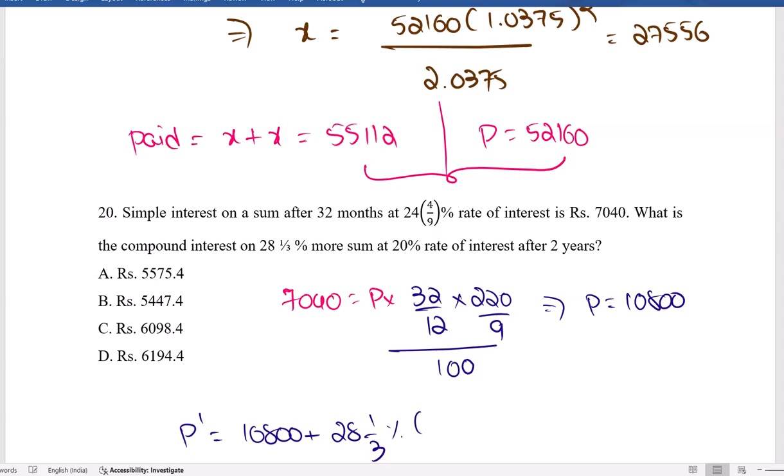If we add both, we got 13,860. Now this is the investment. This is simple interest completed.